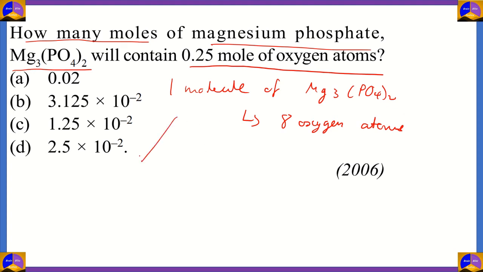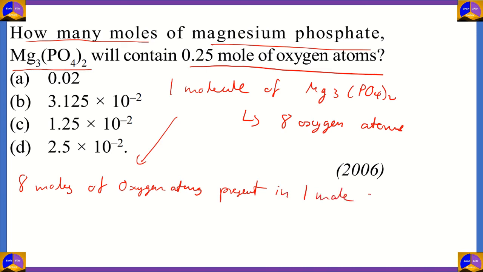And similarly, if you were to take that into moles, then you can write 8 moles of oxygen atoms are present in 1 mole of Mg3(PO4)2.